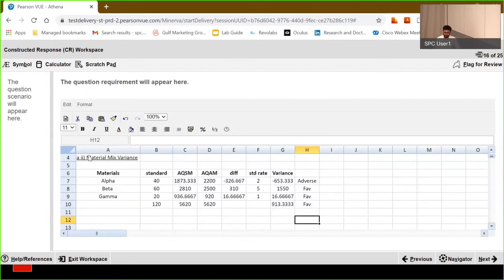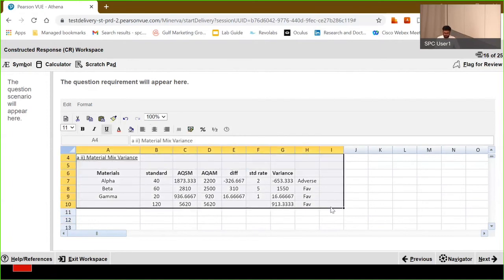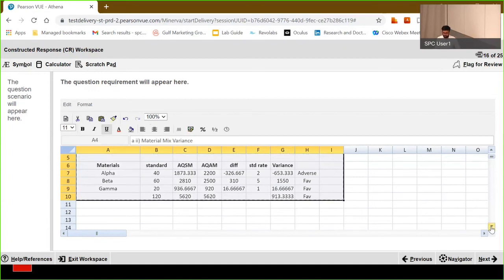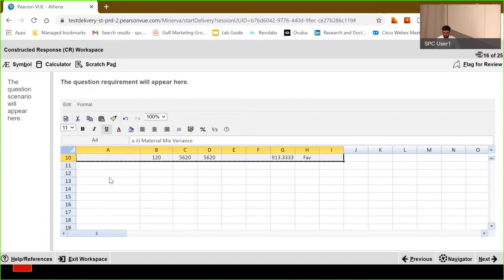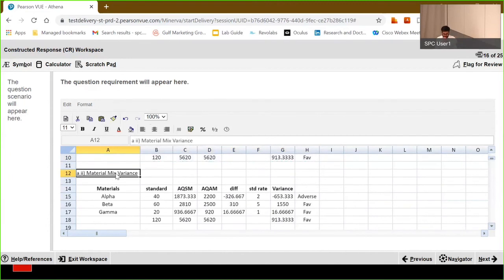Now we will copy this because we want to calculate material yield variance, and some of the figures we can use from this calculation. So let's copy it. Let's paste it here. Now this would become your material yield variance.